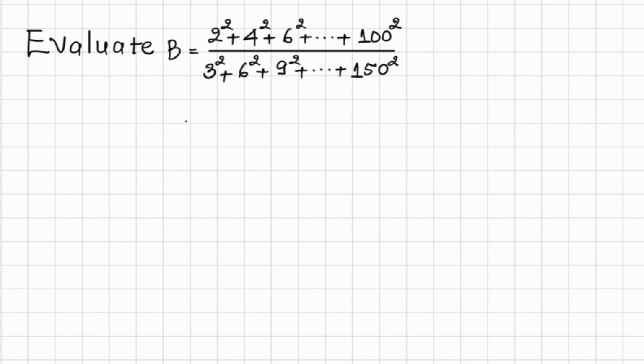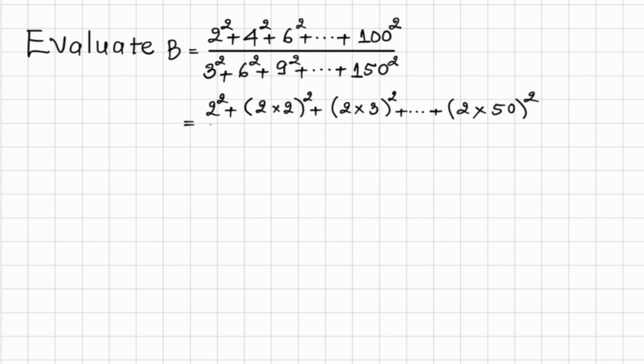Okay, so then we can write 2 squared plus, 4 can be written as (2 times 2) squared, and then 6 can be written as (2 times 3) squared, and then plus dot dot dot until 100, which can be written as (2 times 50) squared.